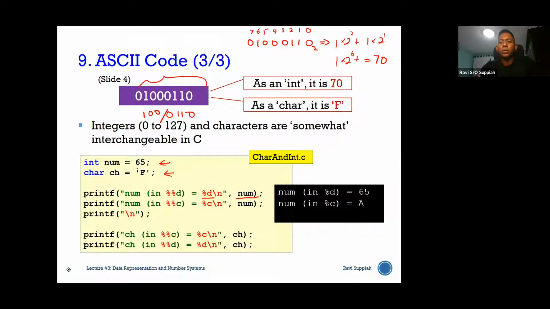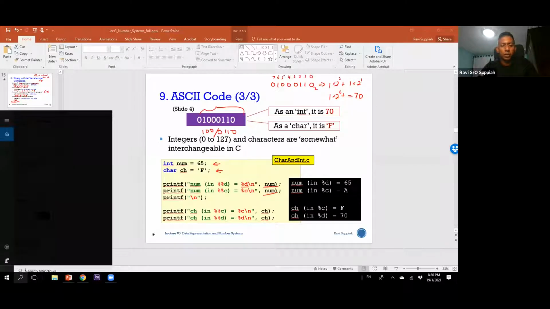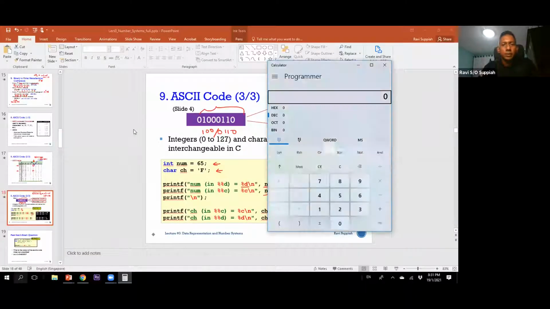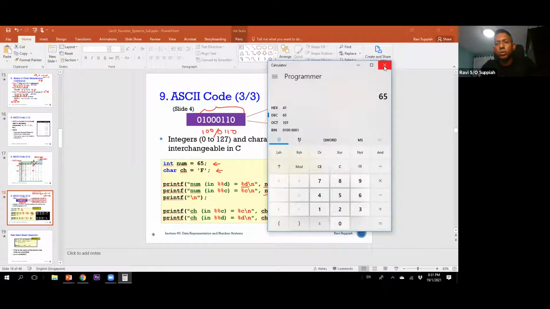Now, if I look at the same num, which is the same 8 bits, what is the 8 bits? 65. How do I translate 65 to binary? Let me use my calculator here. So 65 in binary is 1000001.